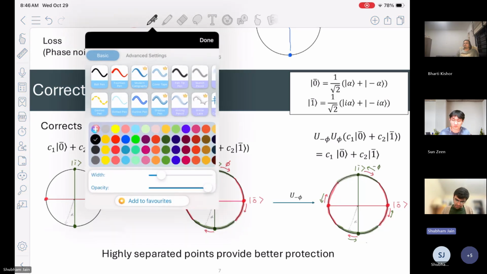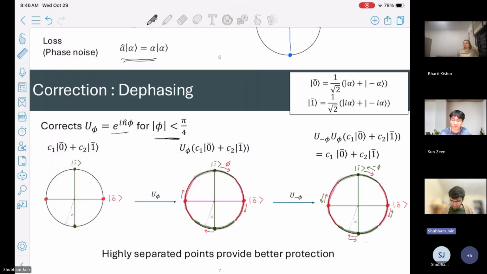So when this noise is applied, U phi, which I call e to the i n hat phi, then the zero state is rotated by an angle phi. This one state is also rotated by an angle phi. So all of these points are rotated by an angle phi. And if the angle phi is not big enough, and by big enough I mean if it doesn't cross this threshold, then we can unambiguously determine which point this resultant state started out with.